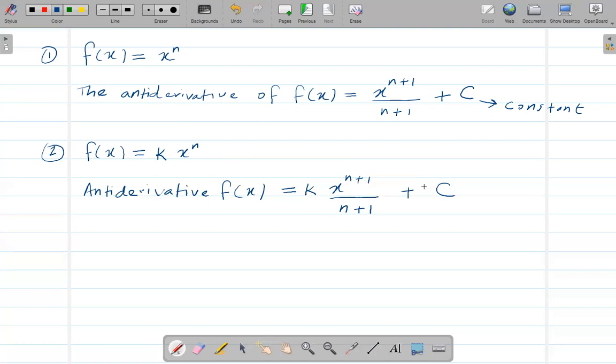Whenever you take an antiderivative, make sure you write this constant here.